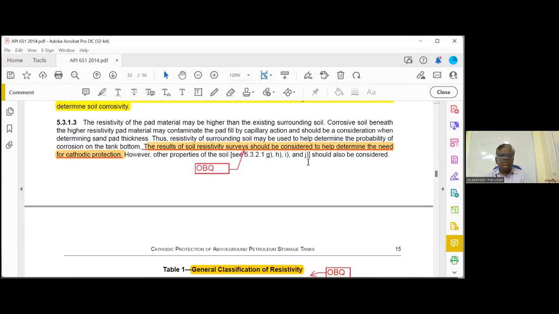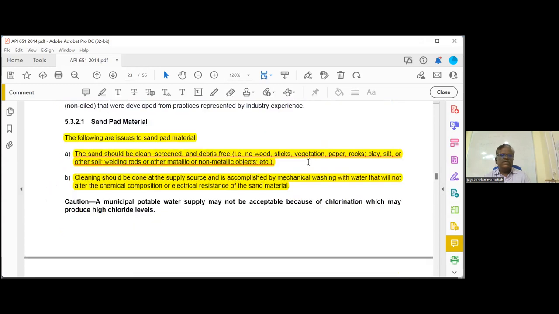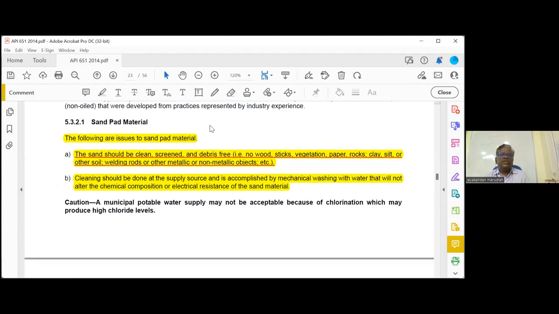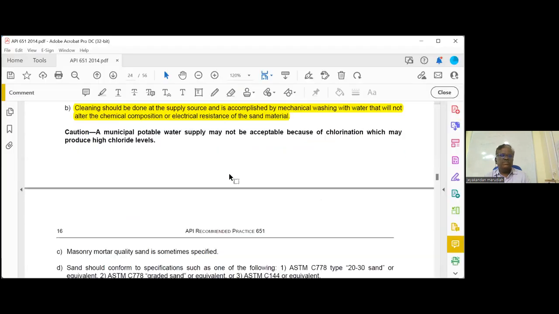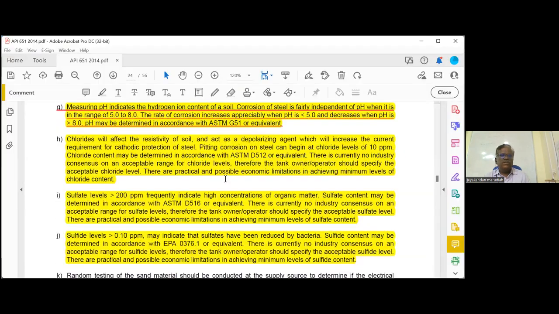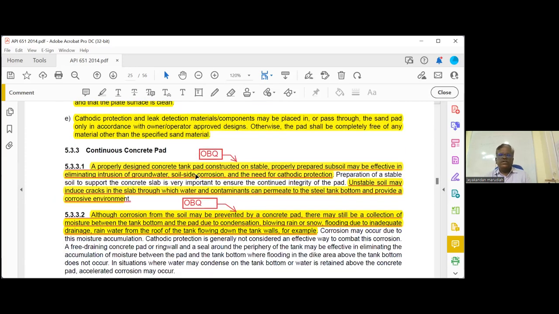If you go to the sand pad, no, this concrete one. It is about the concrete tank cushion. Okay. So this is the need for cathodic protection.